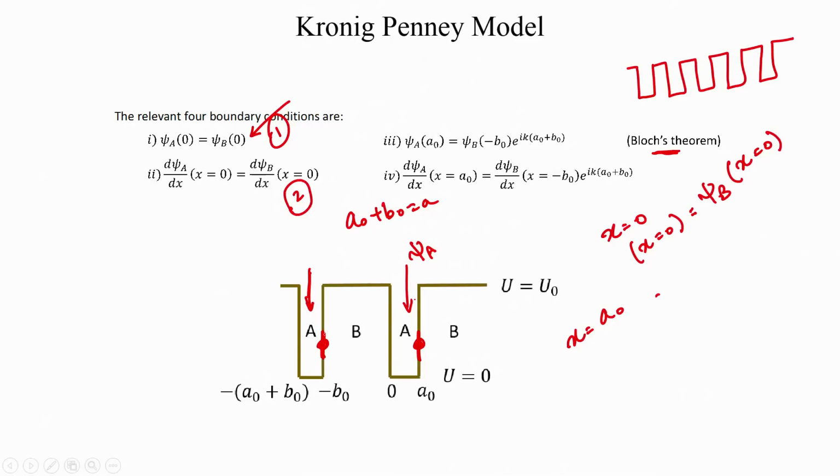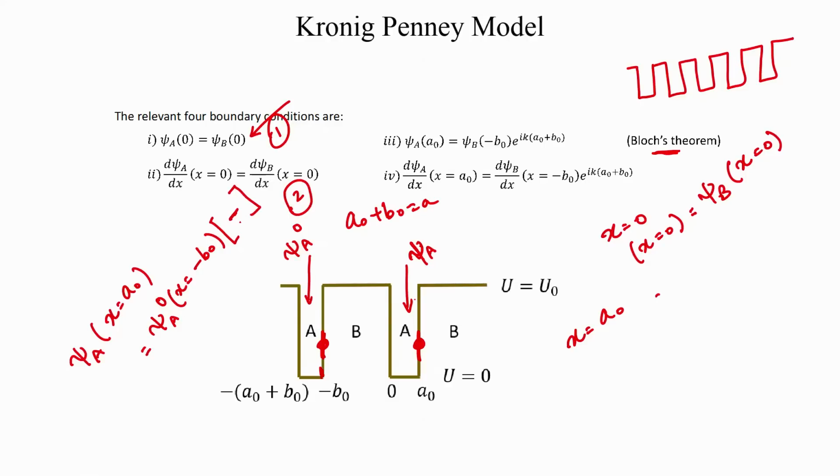To make this clear, let's call this psi A, and let's call that psi A naught. So Bloch's theorem tells us that psi of A at x equal to a naught, at this location, is related to the value of the wave function psi A naught at x equal to minus b naught, at this right side boundary, by a certain multiplication factor.